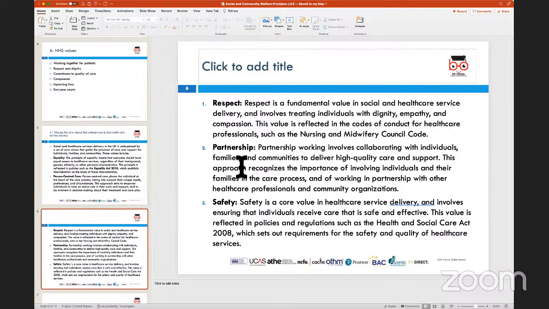Then we talk about partnership. Partnership obviously involves working with a lot of different individuals. In some cases, this is a collaborative approach, because when we talk about delivering some of these services effectively in health and social care, sometimes collaboration between various stakeholders is required. So stakeholders would mean the healthcare providers, social workers, your patient families, and obviously community organizations.